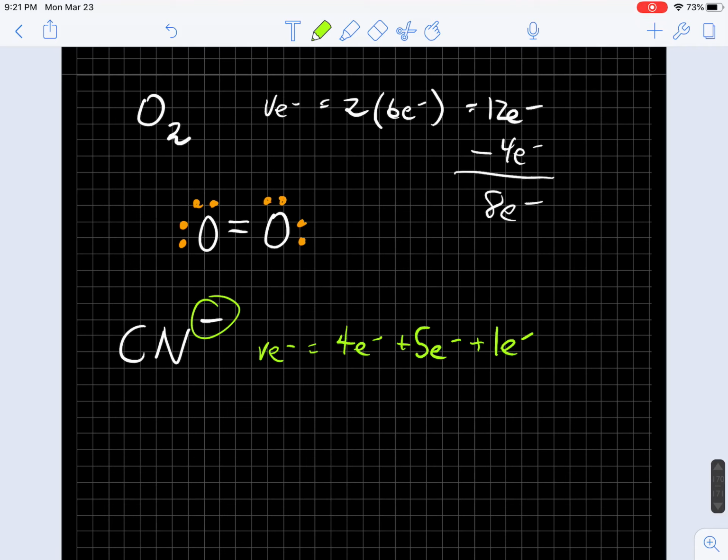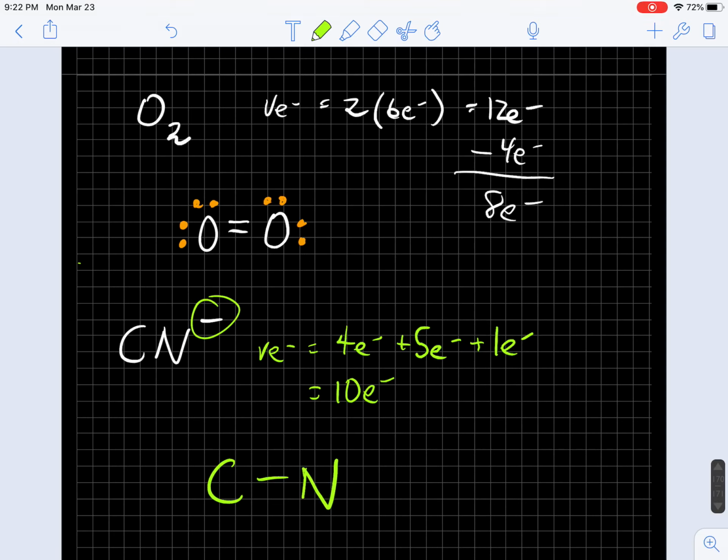If it's a negative charge, then you're dealing with a surplus of electrons. For a charge of negative 2, you'd add 2 electrons. If it's a positive charge, then you're dealing with a deficiency of electrons. You would subtract them rather than add them for the overall net charge. So this gives me 10 electrons in my budget.